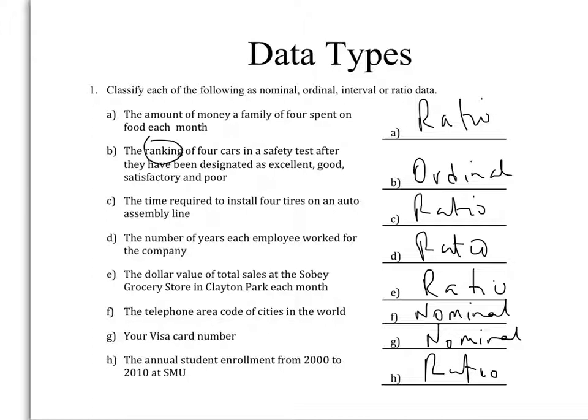Let's make poor -5, and let's make very poor -10. So there is a 0 point there, a reference point, but it's not an absolute 0. And the -5 is not half as bad as a -10, or 10 is not twice as good as a 5. All right, but that would be an example of converting an ordinal scale to an interval scale by changing the categories and assigning them numerical values.